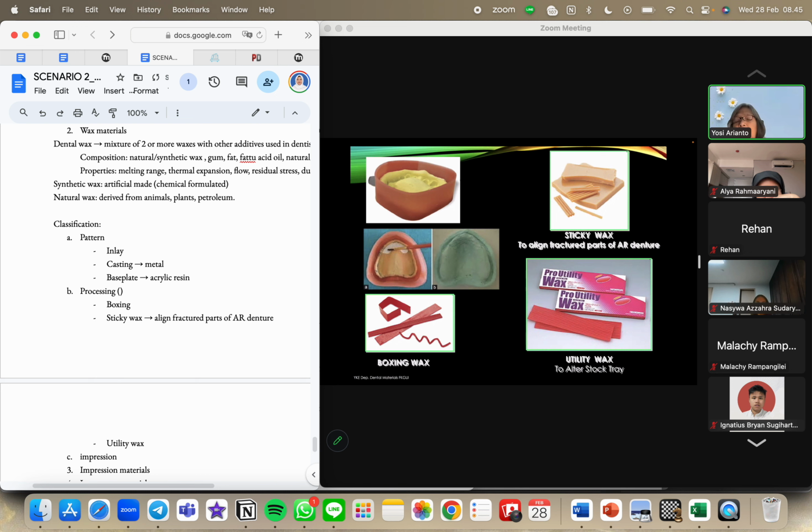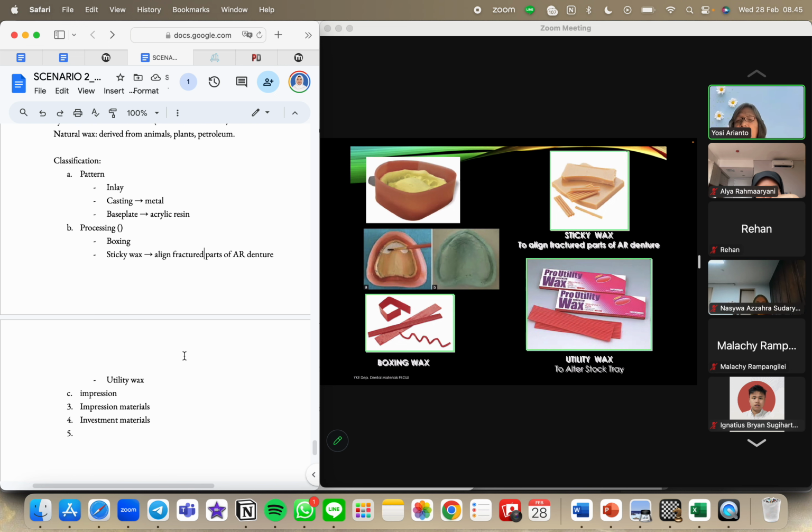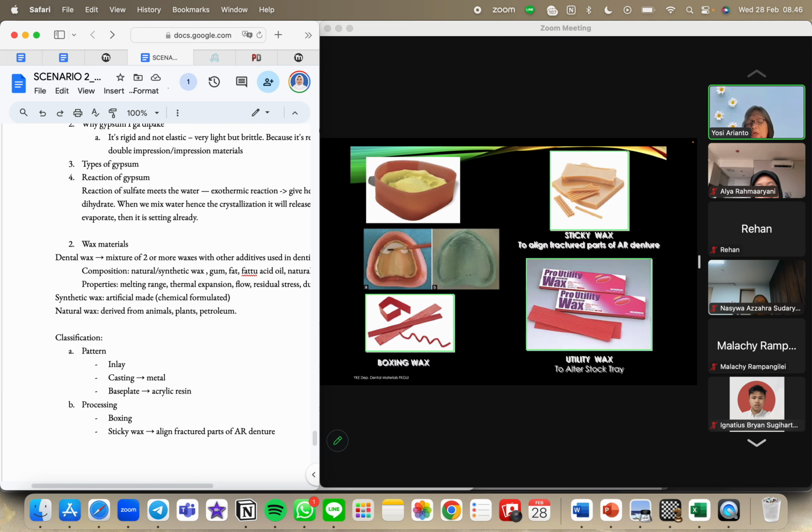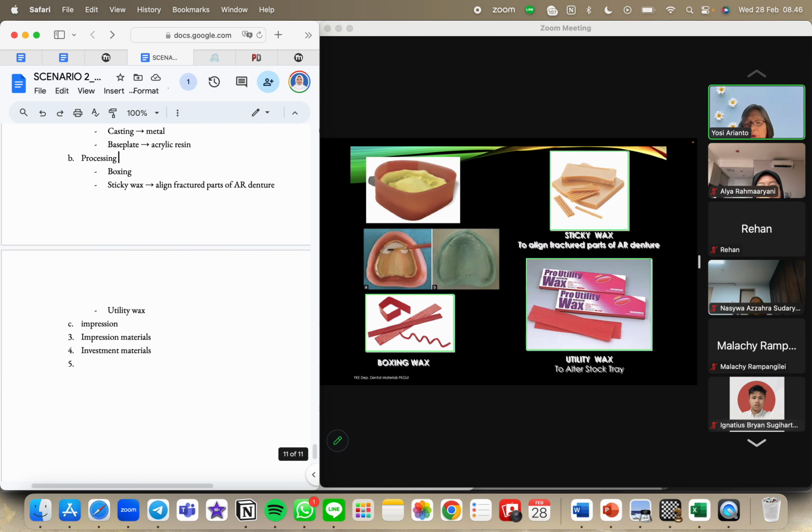Then we can do the repair of the acrylic resin. There is also utility wax, an alternative to the stock tray, when we would like more detail, like the vestibulum of the jaw. We put it around the custom tray when we do the impression.